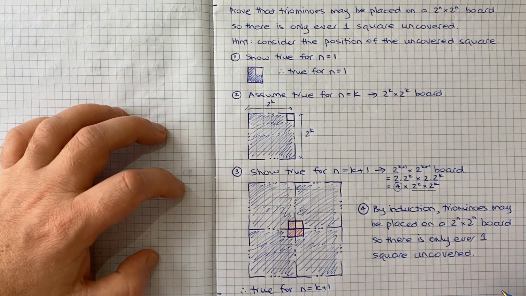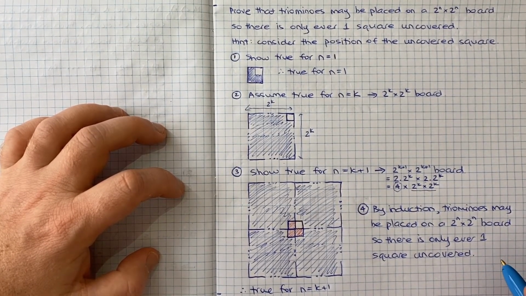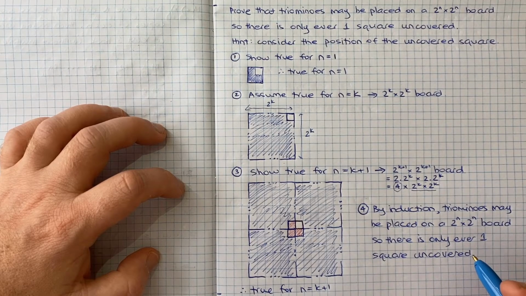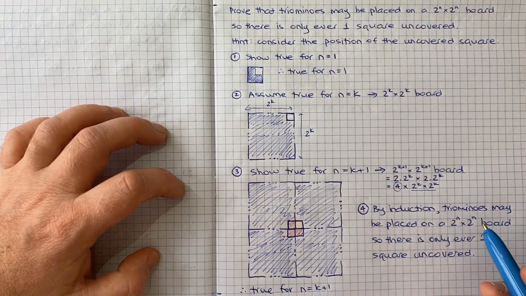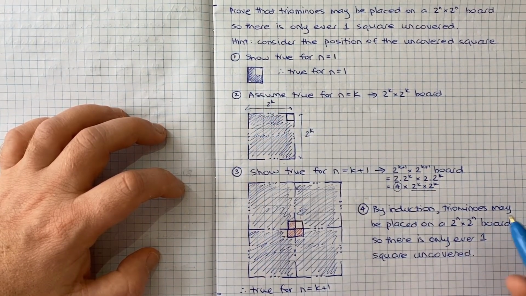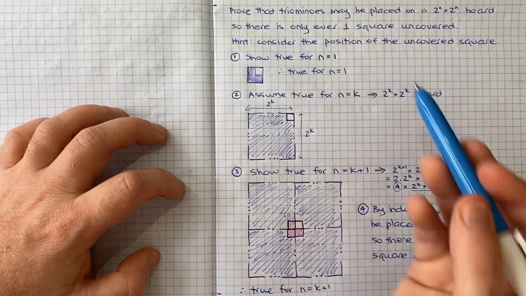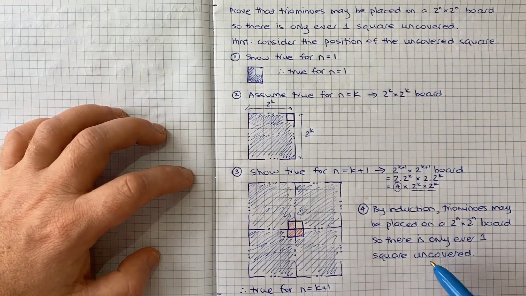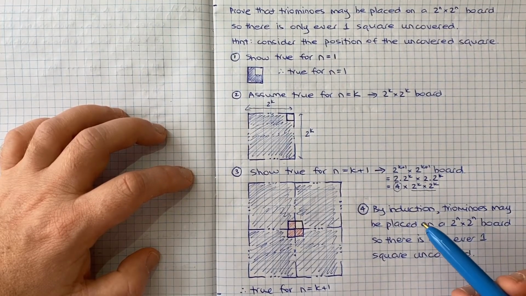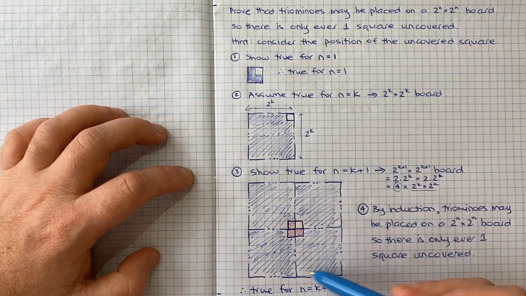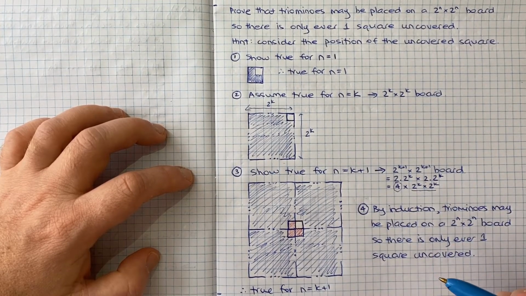So as I mentioned, it's a little bit different. I quite like this question because the question writer is really testing a student's ability to apply induction in unfamiliar contexts and in unfamiliar ways. I mean, the unfamiliar context are these polyominoes, in this case a triomino, but the unfamiliar approach is very much a diagrammatic technique that we need.